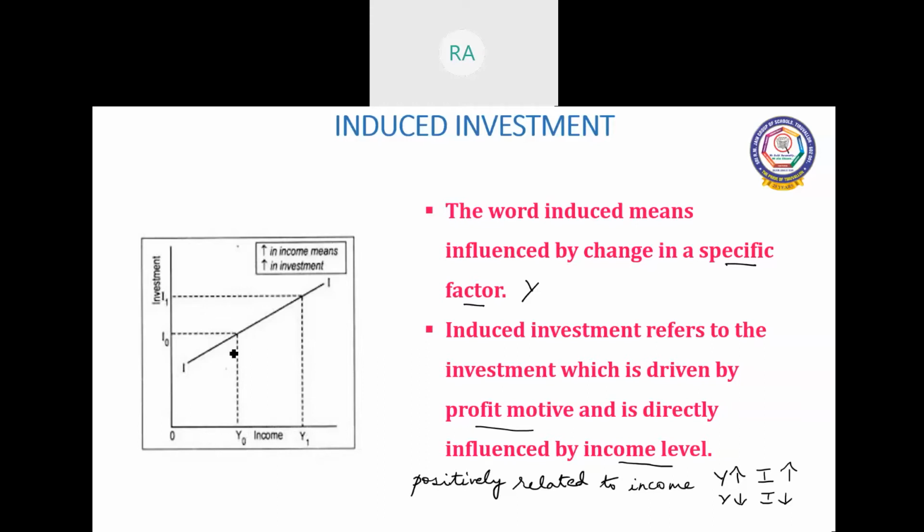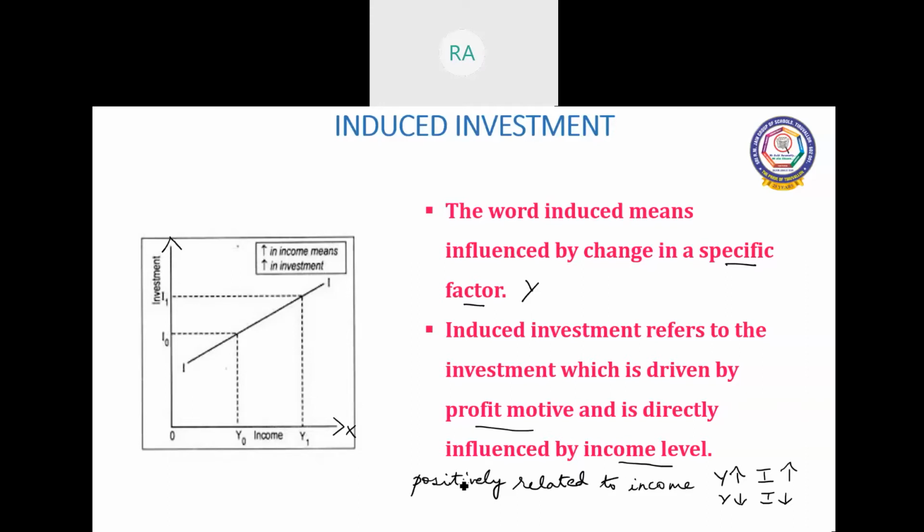Diagrammatically, the induced investment curve is a straight line increasing from left to right. Income is represented in the x-axis and investment is represented in the y-axis.